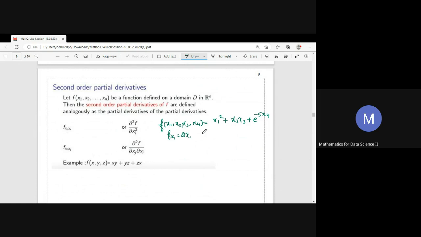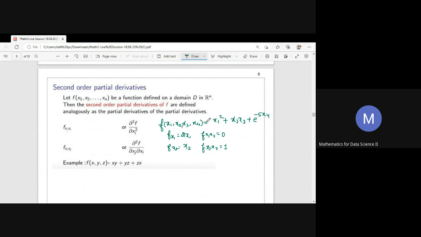Now what is fx1x2 here? 0, right? And what is fx3 here? x2. Now what is fx3x2? 1.